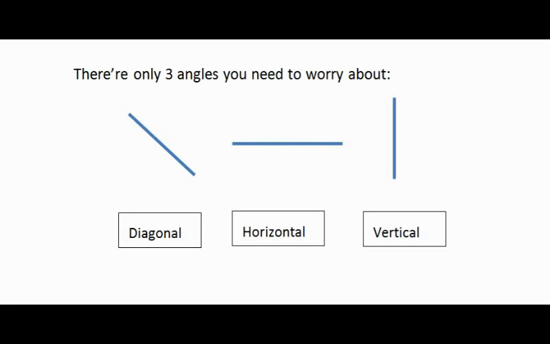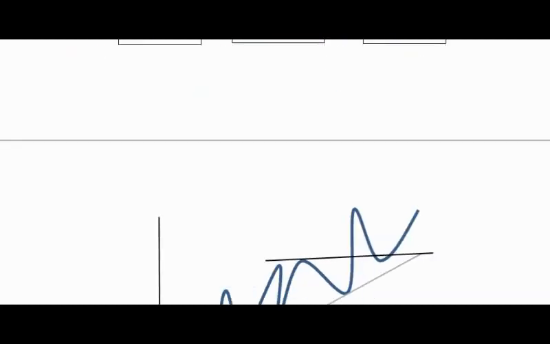But people hardly ever consider vertical areas of support and resistance, and this is what we're going to be going through, and this is why it's a hidden level. No one knows how to find these vertical levels, or no one actually uses them. So you can find an easy way to use all of these in order to know the price cycle, the price trend, and how you can actually trade the market at any given point in time.